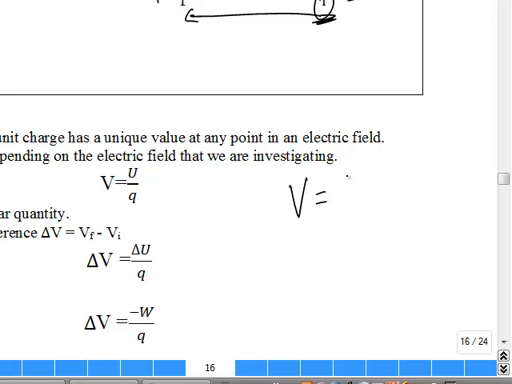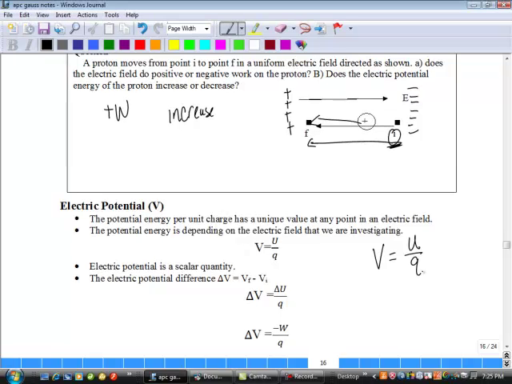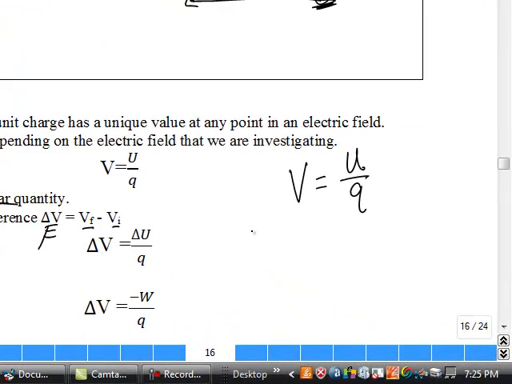The electric potential is the potential energy that a test charge experiences. This electric potential is a scalar quantity. The only measuring device that we have measures the change in potential, the potential from our final to our initial position. And so if we put the little triangles in here, we get delta V equals delta U over Q.